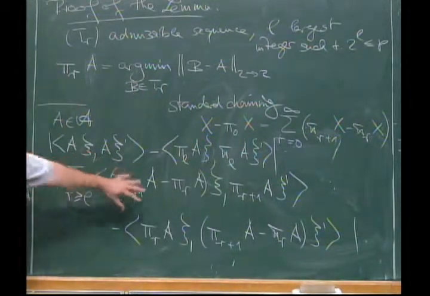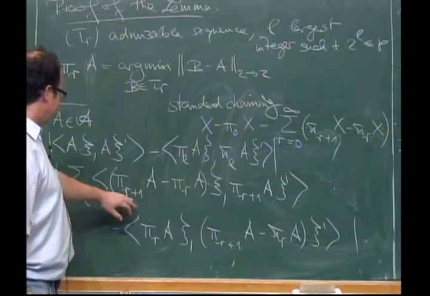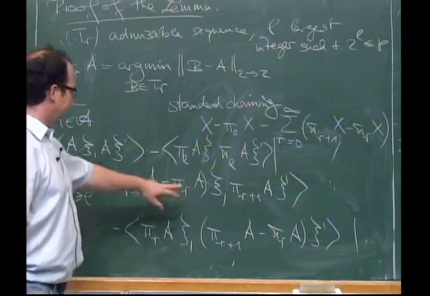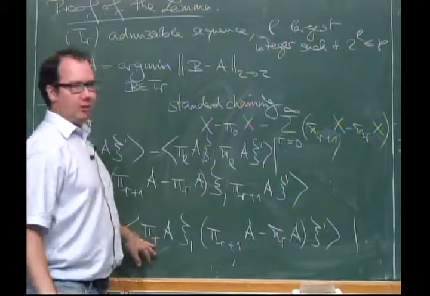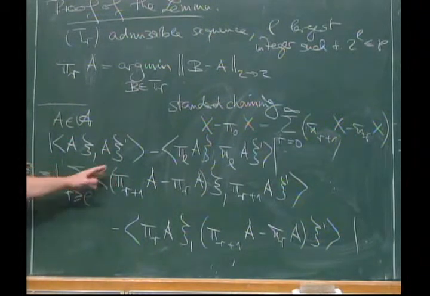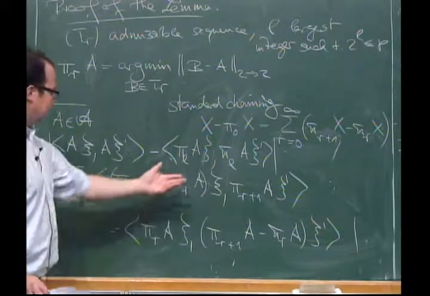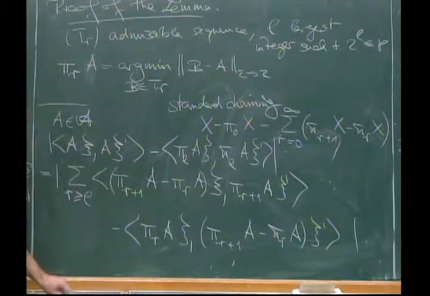If you multiply this out, you see that you're only left with the inner product of pi_{r+1}A xi with pi_{r+1}A xi prime, and here the same term with pi_r. And this is then telescoping. In some sense, this is similar to integration by parts if you want. So you take a difference in both inner products.